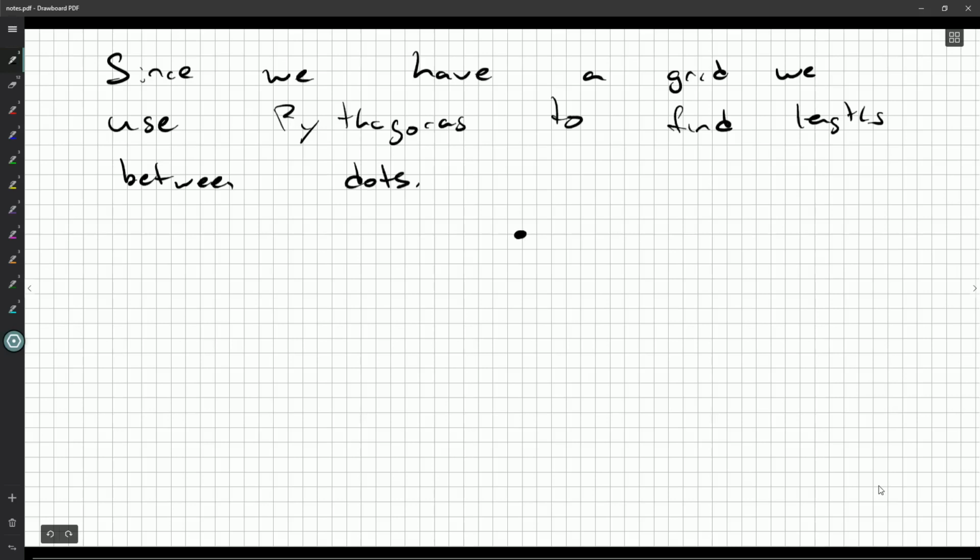So imagine I had some dots on my grid, and I had two points that I cared about. Use the blue again. I have something like, say, this.